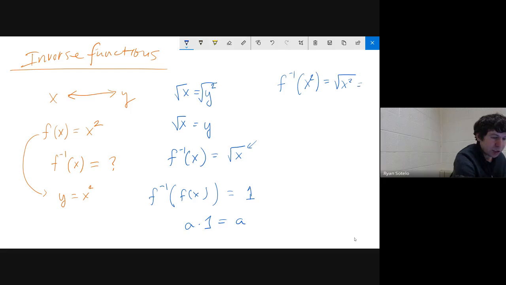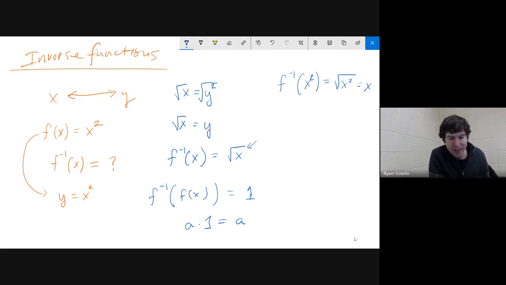And those undo each other. So I just get my input back. So I just get x. I inputted x. The function turned that into x squared. When I put it into the inverse function, it does the square root, which undoes the squaring. And then I just get my original input back. I get x. So that's what we mean by inverse functions.